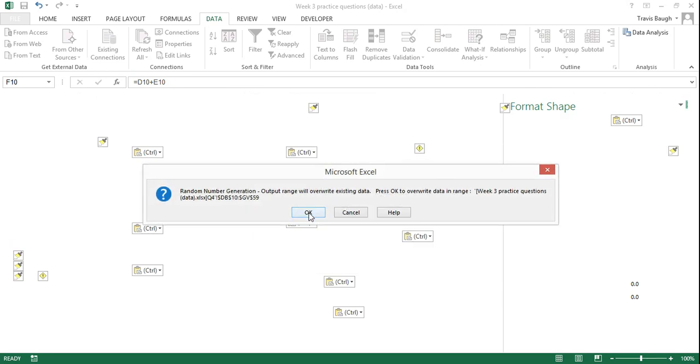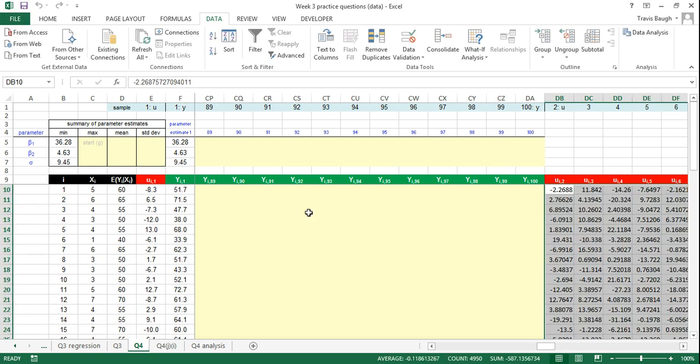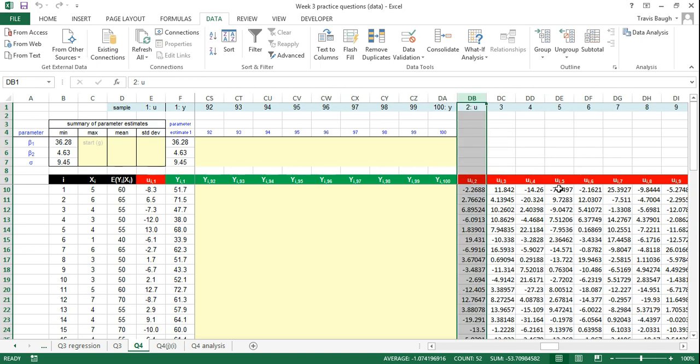It asks me whether I'm happy to overwrite some existing data. That's fine. Okay, so Excel has now generated in this column a second sample of normally distributed values that have a mean of 0 and a standard deviation of 10, and it's done that another 98 times.